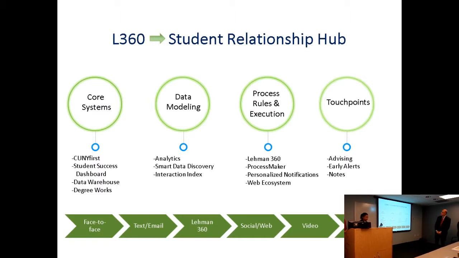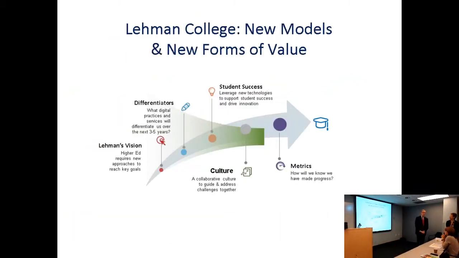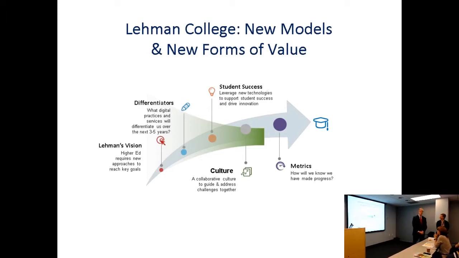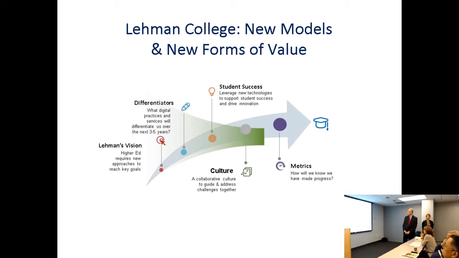So why don't we go back to the first slide, if you don't mind. The idea behind Lehman 360 is how does this fit into our ecosystem, into our strategic vision, so that Lehman 360 fulfills the vision that we have for enhancing educational attainment, retention, and graduation rates, supports those things, and combines our approach towards high tech and high touch environments for our students.